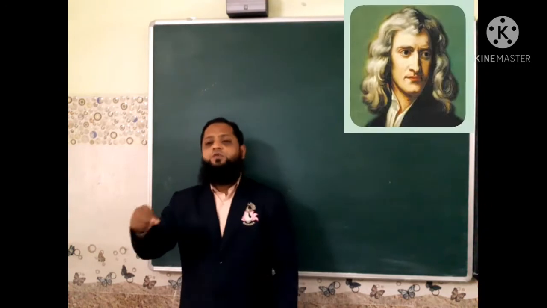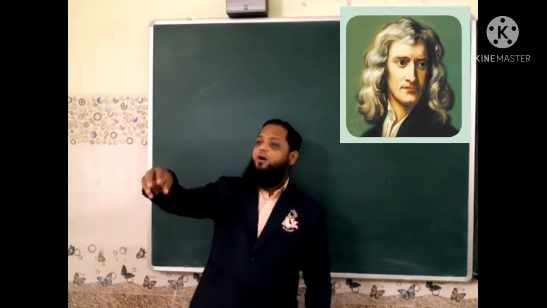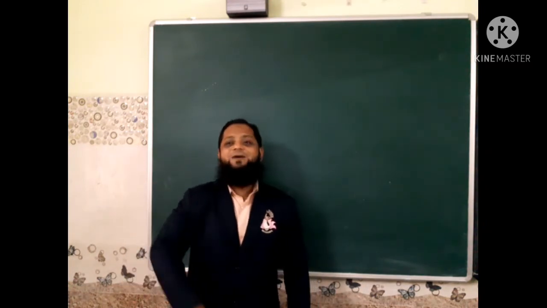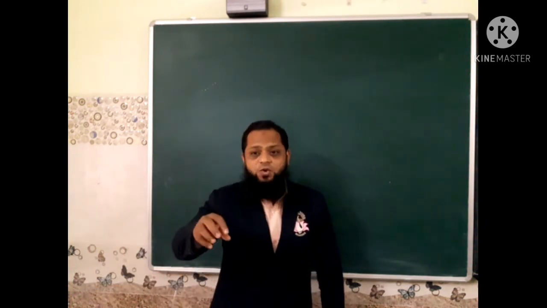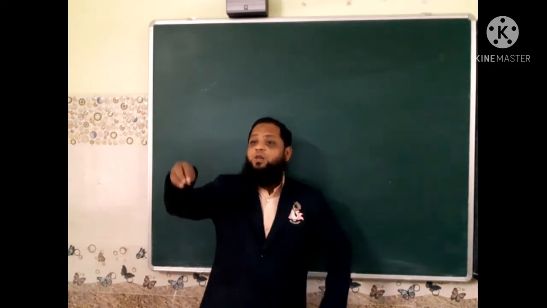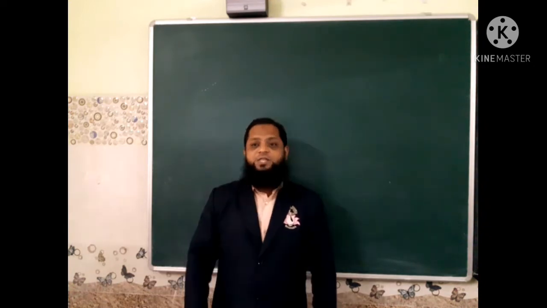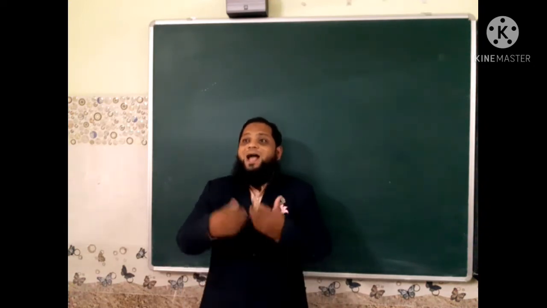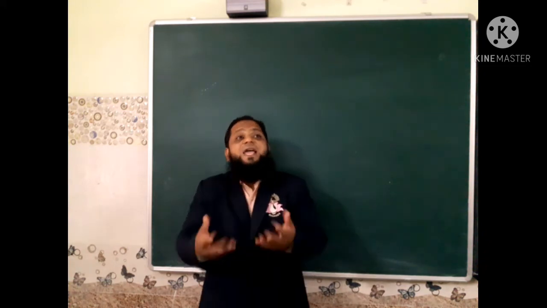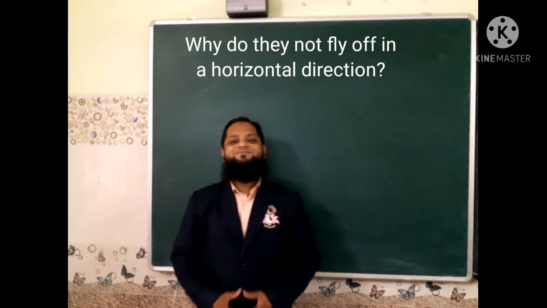Newton discovered the force seeing an apple fall from a tree on the ground. He wondered why all apples fall vertically downwards and not at an angle to the vertical. Why do they not fly off in a horizontal direction?